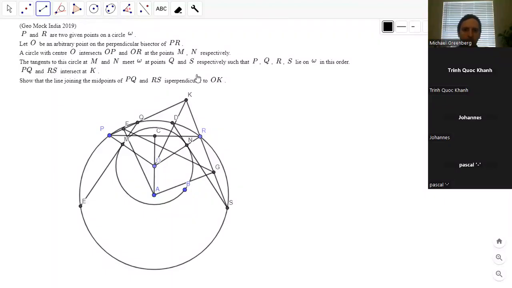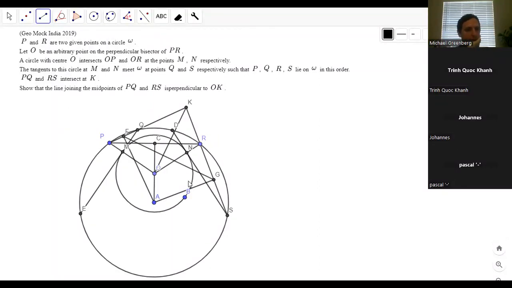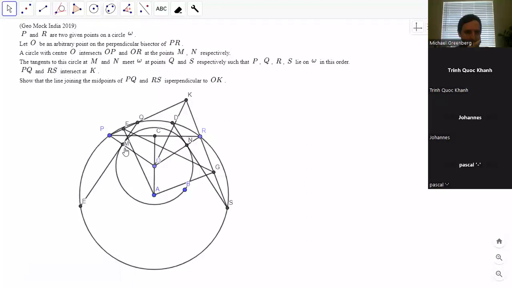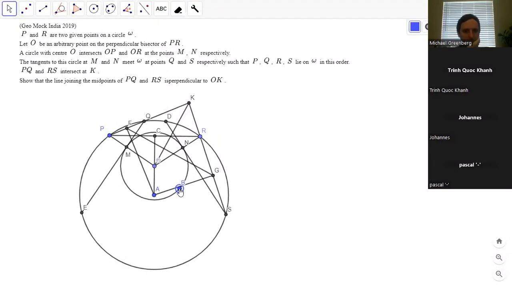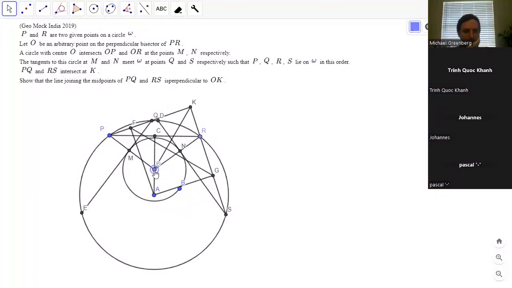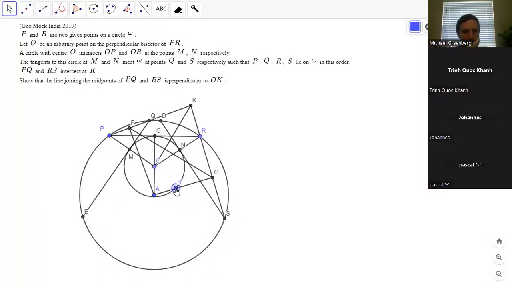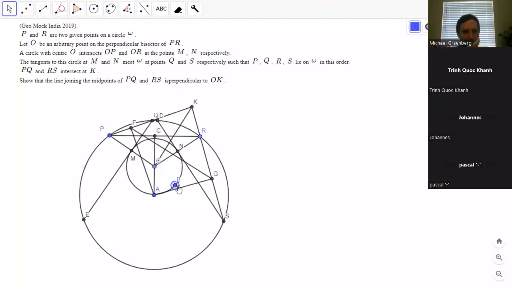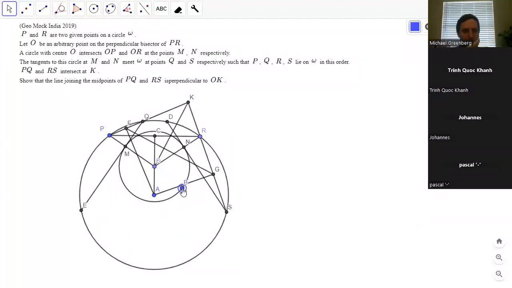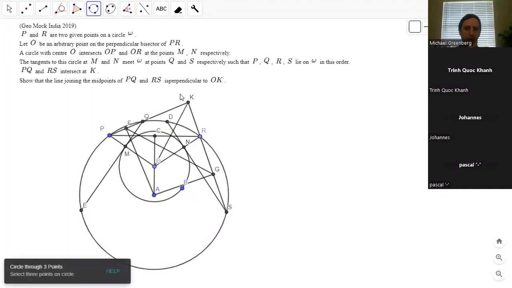Oops, looks like we have someone else joining us. Yeah, it's really interesting. This circle can be any radius it wants, and the problem's still true. So even if we make it a really small or a larger circle, it's still true. So KFAG is cyclic because it has two right angles.